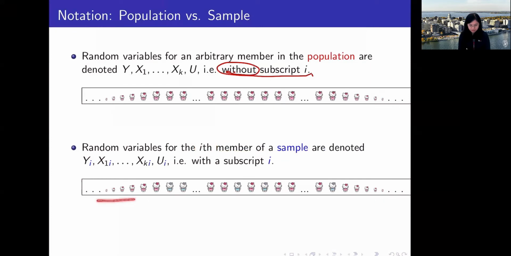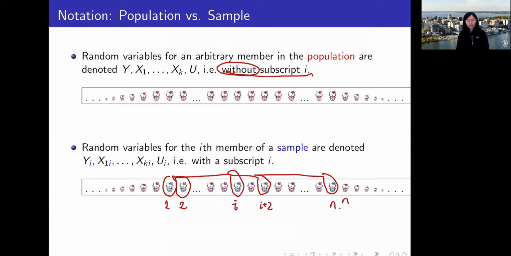So suppose in this population of Hello Kitties, you draw a sample, in this case, say of size n, then this is the first draw that you have. This is the second draw. Say this is the ith draw, this is the i plus 2th draw, and this is the nth draw.